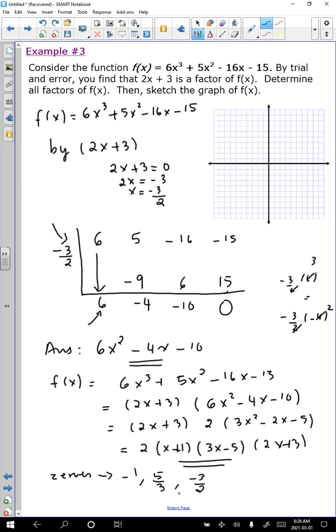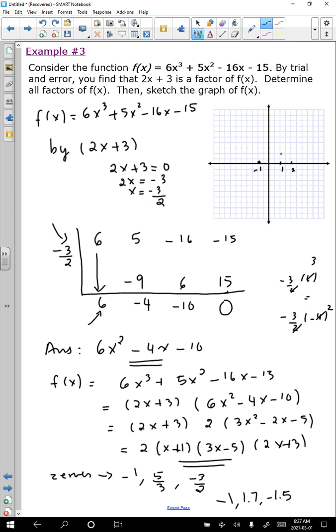So if you were to put that in using decimals, the zeros would be negative 1, 5 over 3 would be approximately 1.7, and negative 3 over 2 would be negative 1.5. So on my graph, let's say this is my negative 1, this is my positive 1, this is my positive 2.